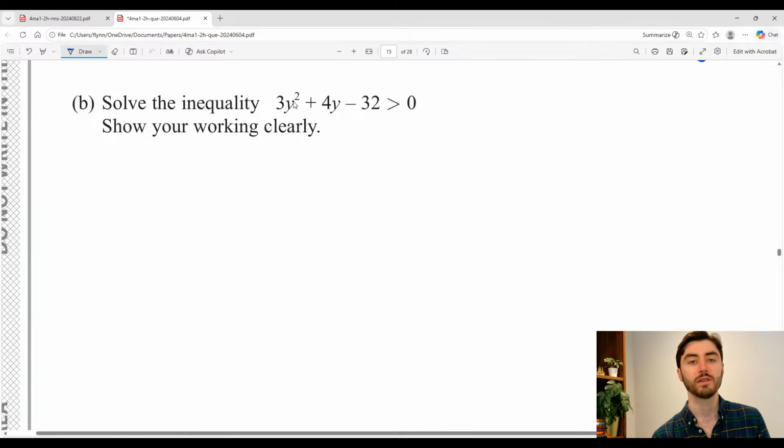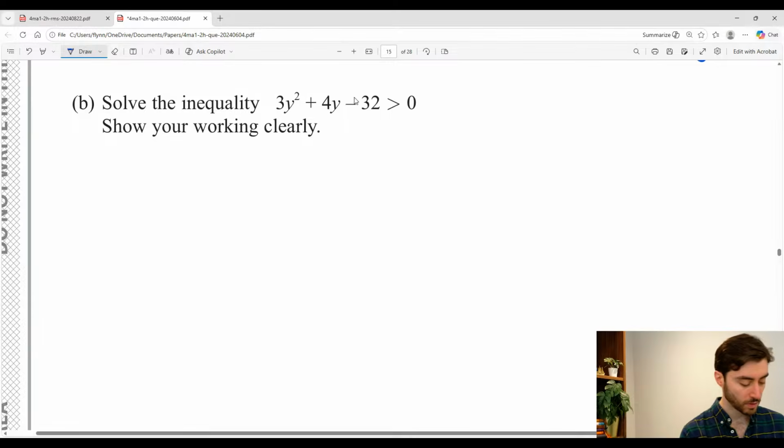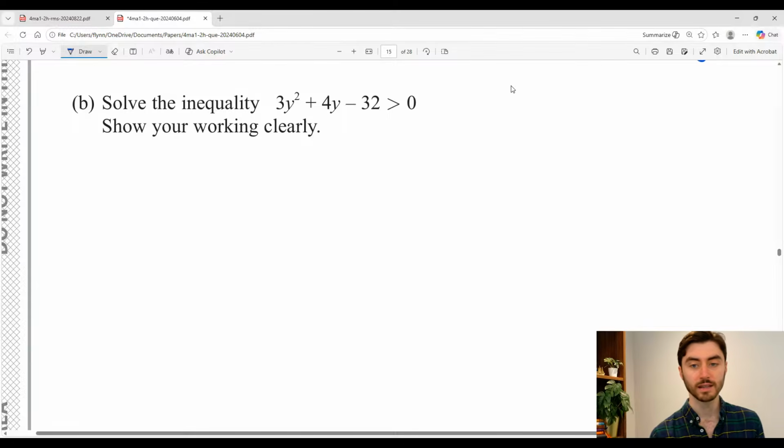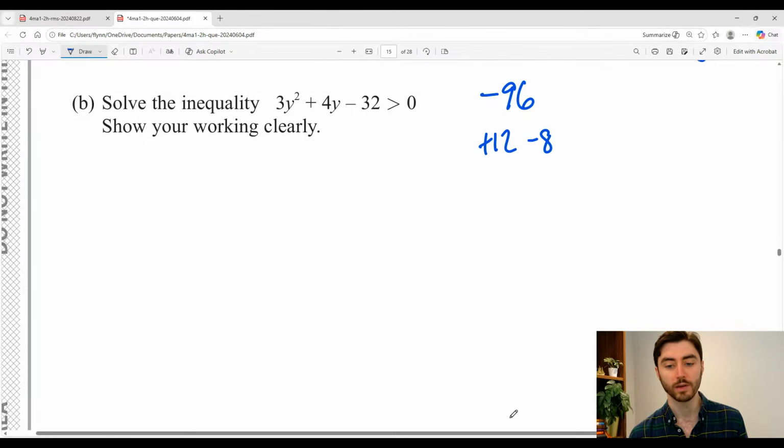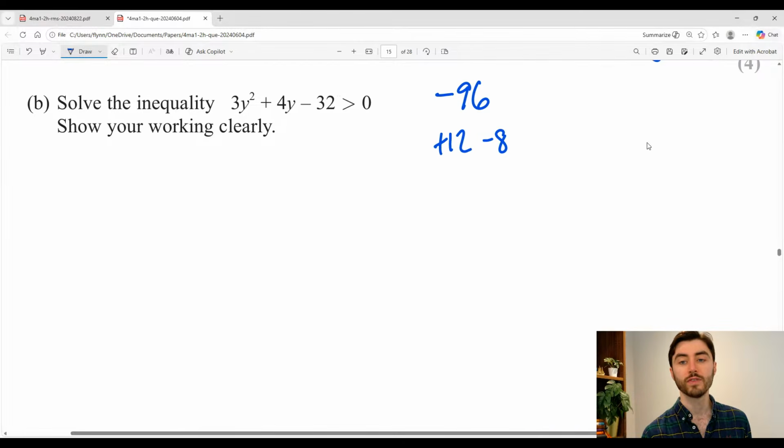When there's a number in front of the x squared, you take that number and multiply it by the number at the end. So 3 by 32 gives me 96. So my target number is minus 96. And I'm looking for factors that multiply to minus 96 and add to plus 4. I can immediately see that's going to be plus 12 and minus 8. But if you can't see that right away, go through factor pairs.